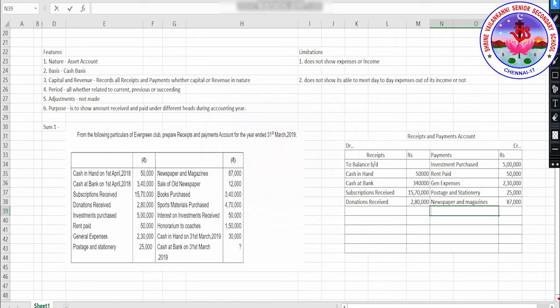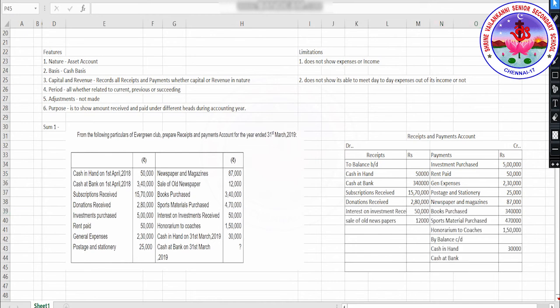Then books. So I'll make note of all payments. You can see here that I have written all the relevant items of receipts.